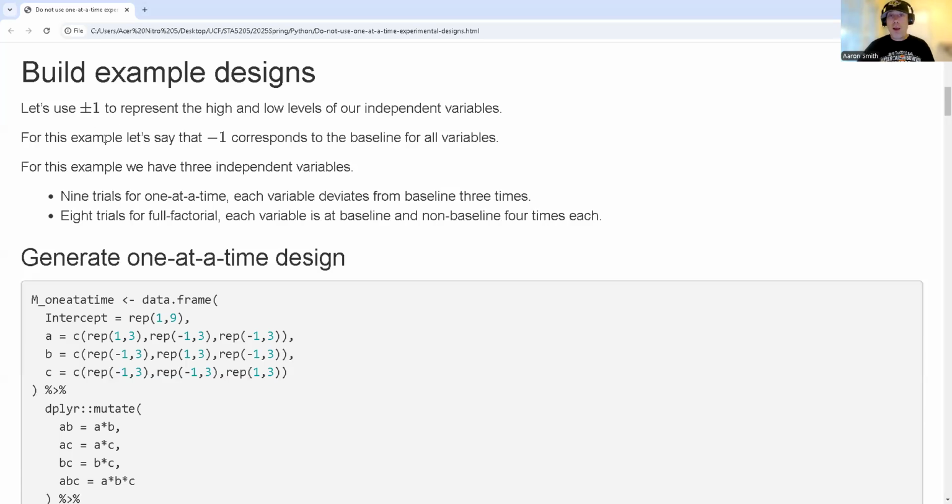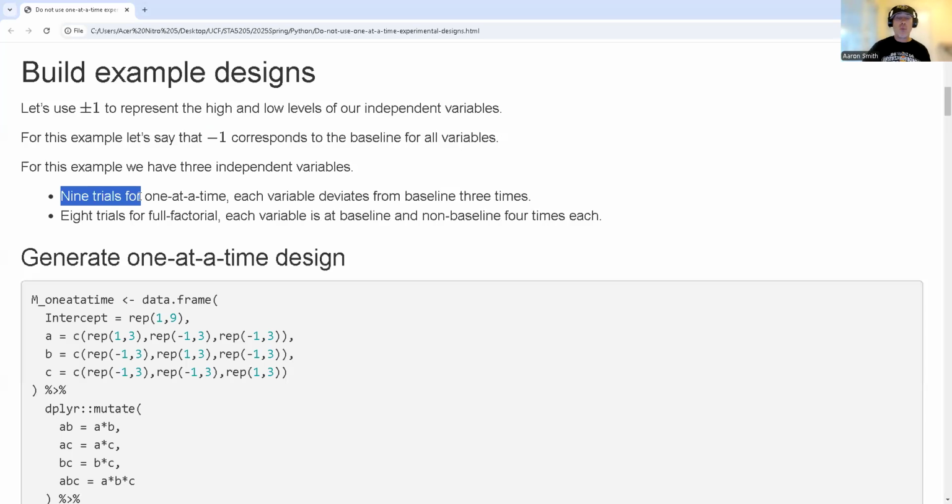All right, so I'm building out some experimental designs to show you. I'm going to say that -1 corresponds to the baseline level for all variables. So here, -1 for all independent variables represents my baseline level for my one at a time experimental design. I'm going to build 2 experimental designs right now. The first one is going to be one at a time, and we're going to have 9 trials here.